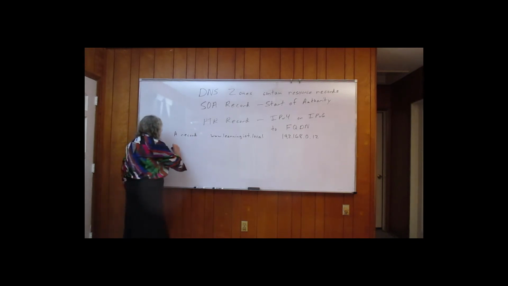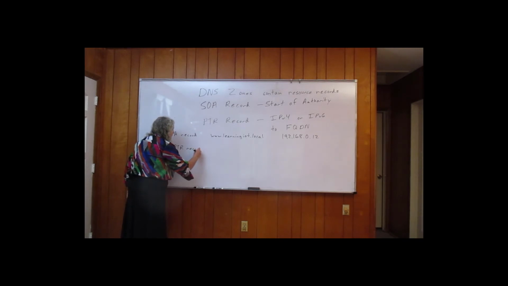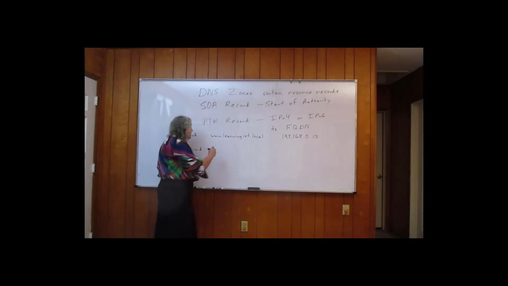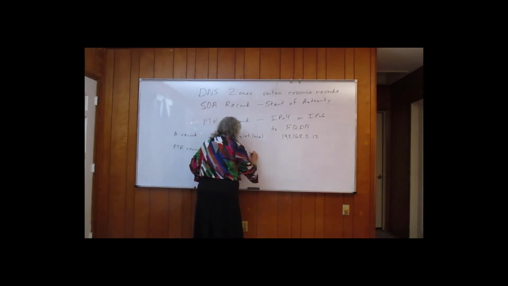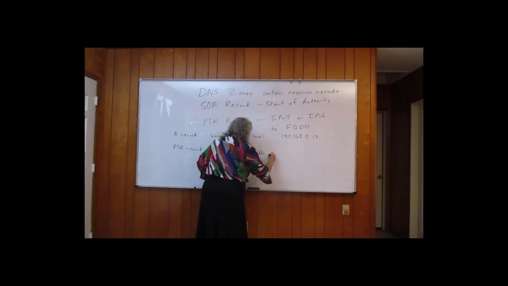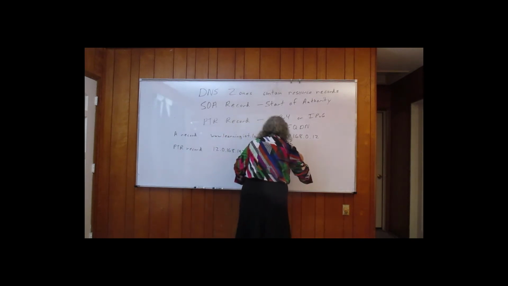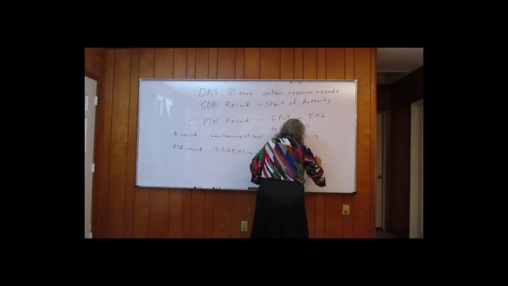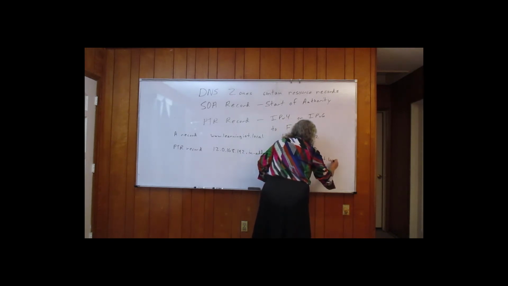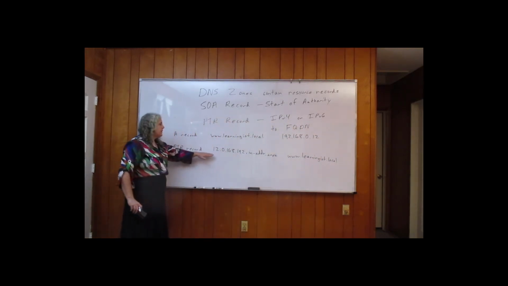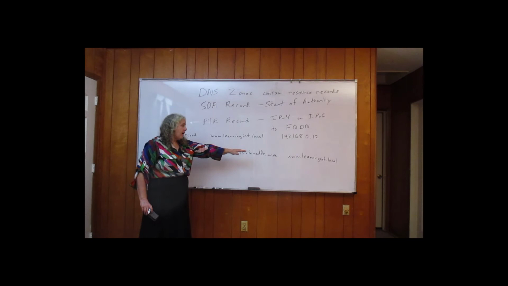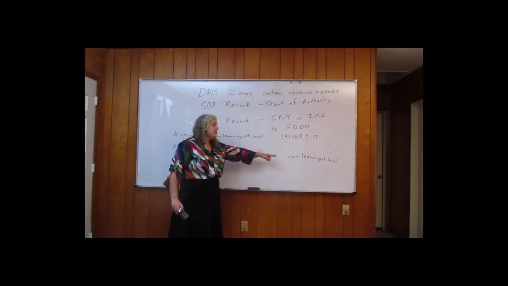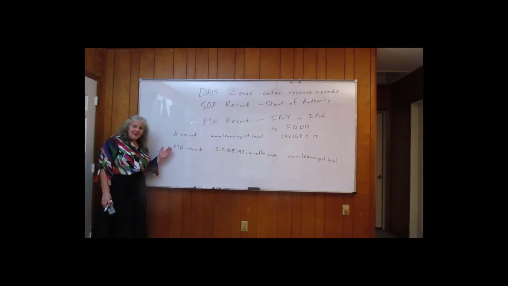The corresponding pointer record would have a mapping that looks like this, which would be 12.0.168.192.in-addr.arpa, and that would be mapped over to www.learningiot.local.